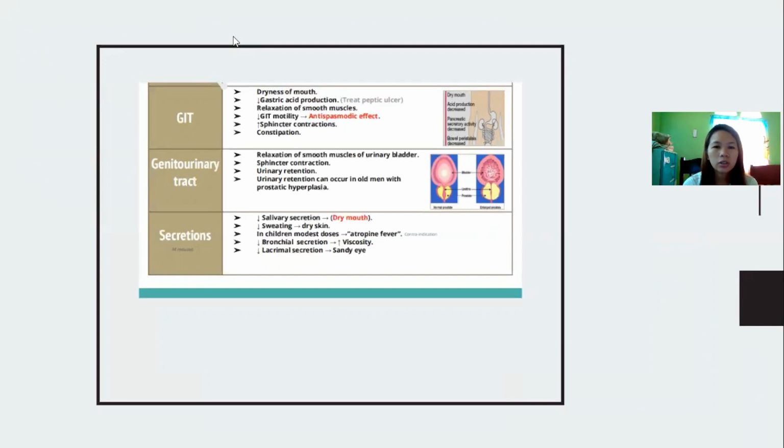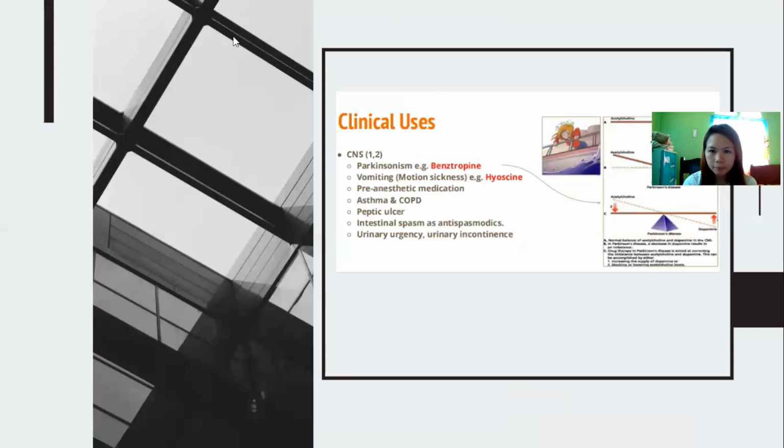Urinary retention can occur in old men with prostatic hyperplasia. Secretion: decreased salivary secretion leading to dry mouth, decreased sweating leading to dry skin. In children, at modest doses, atropine fever, decreased bronchial secretion leading to viscosity, decreased lacrimation secretion leading to sandy eye.